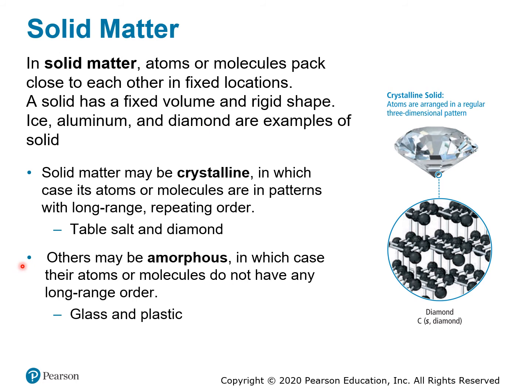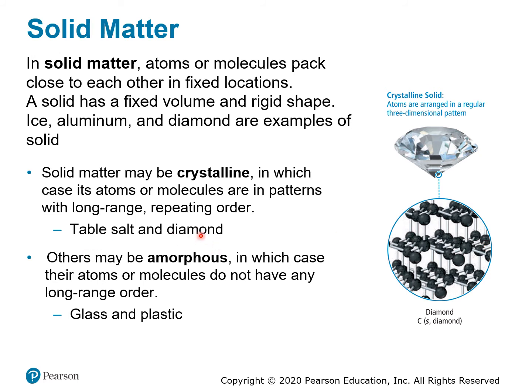Solids can then further be classified as crystalline or amorphous. Crystalline, as the name suggests, is the case where the atoms or molecules are in a pattern with a long range repeating order. Like here you see this pattern of carbon atoms in the case of diamond.